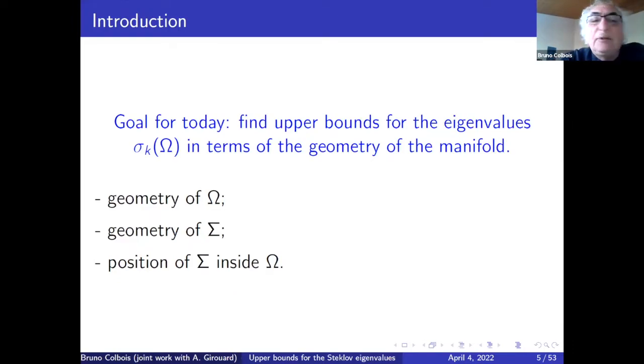And what is also very important is the position of the boundary inside the manifold. So I will explain this. By geometry of a manifold, I mean all the classical geometric invariants like the diameter, the volume, the injectivity radius. There is also the curvature, but it's a little specific as far as the curvature is concerned.